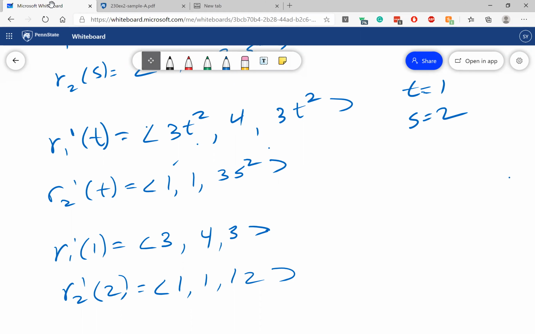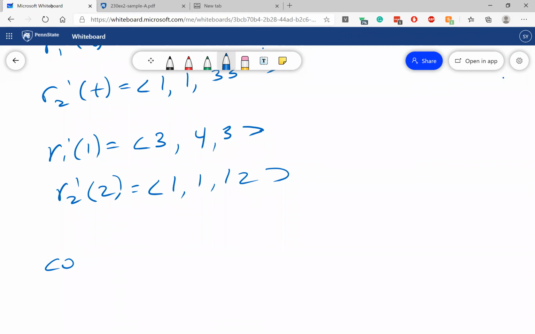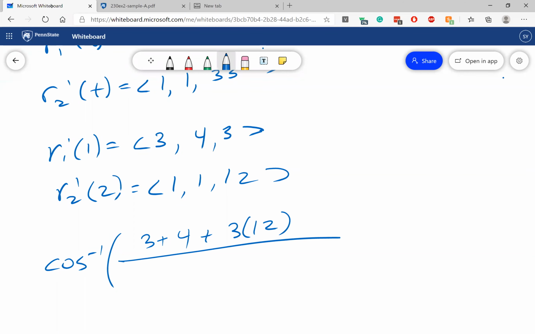Okay, so the acute angle between them is going to be cosine inverse of the dot product of these two vectors. That would be 3 plus 4 plus 3 times 12, all of this over the magnitude of this vector times the magnitude of this vector.